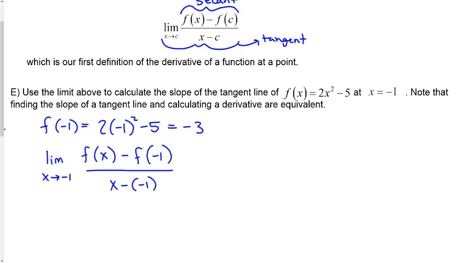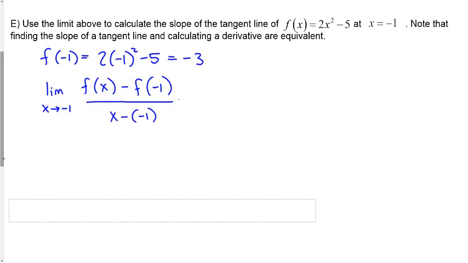Okay, so next step, I need to expand some things out. The limit as x goes to -1, f of x is the function 2x squared minus 5, and then we're going to subtract from that f of -1, which is -3, and divide that by x plus 1.